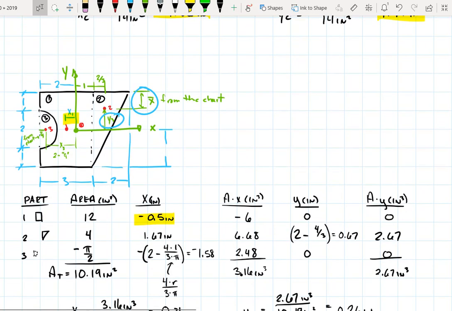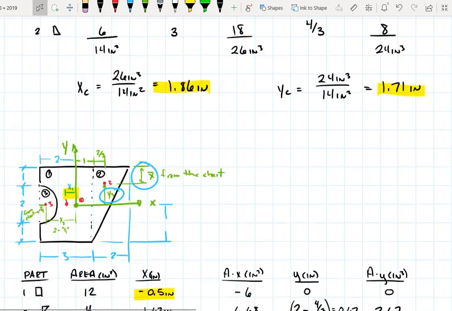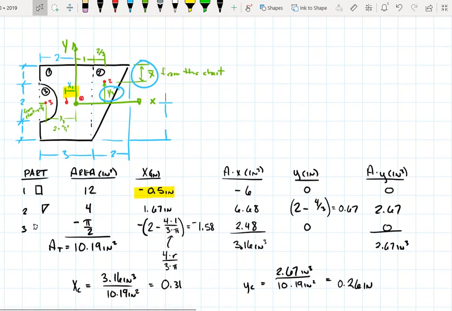And this one would be more on the medium-ish level of centroid problem. So there'll be probably something like this on the exam. I don't know if it'll have this many different little features to it with the negative x and the negative area, but it could. Those are all things that could show up on the exam. And then you'll also have one that's more like this, where you're adding two things together, kind of normal.